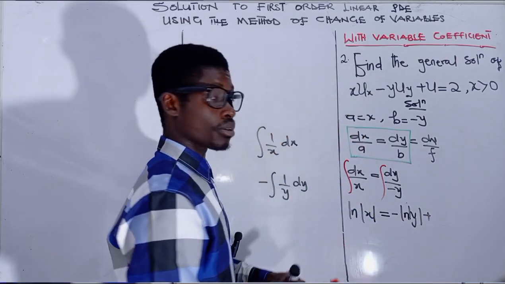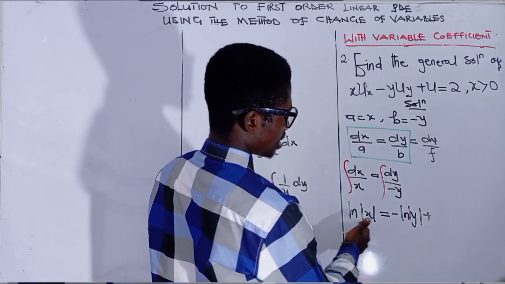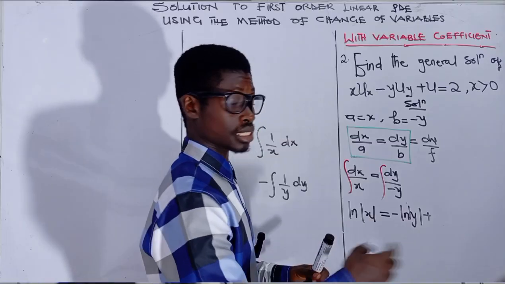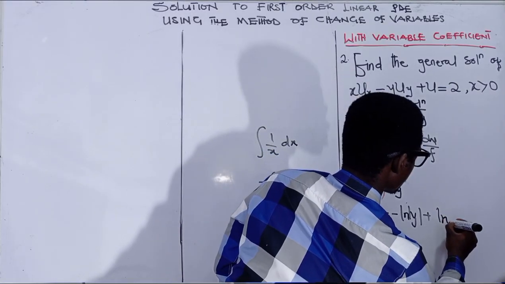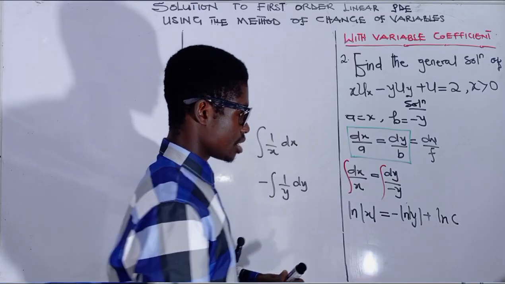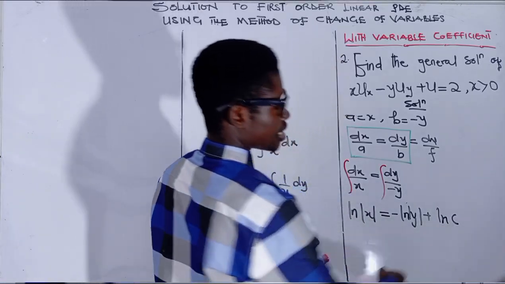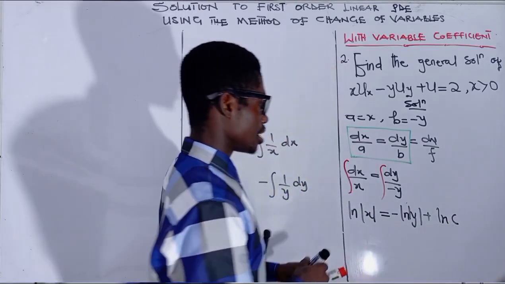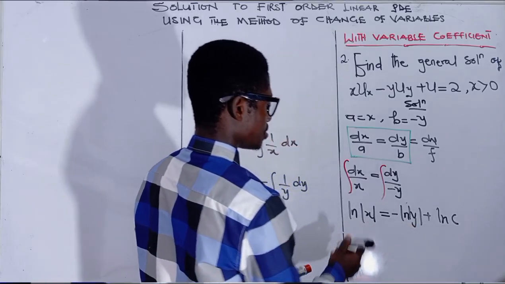Then we have our constant of integration. Since we have ln, let's take the ln on the constant as well, so that we can clear the lns from the equation. We are interested in making c the subject so that we can set it to zeta. So let's bring this to the left hand side.